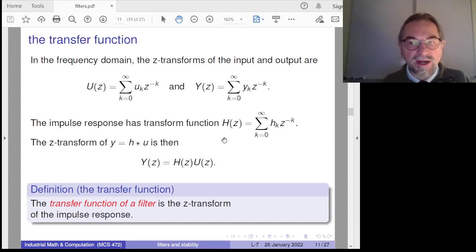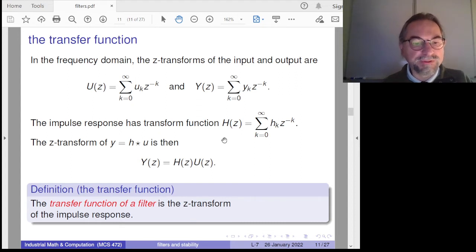If you have this Z transform of the impulse response, then you can write the Z transform of the output as the product of two Z transforms. The Z transform of the output is the product of the Z transform of the impulse response with the Z transform of the input.